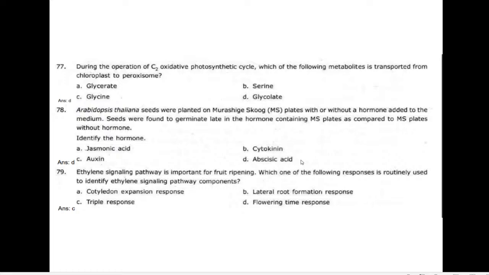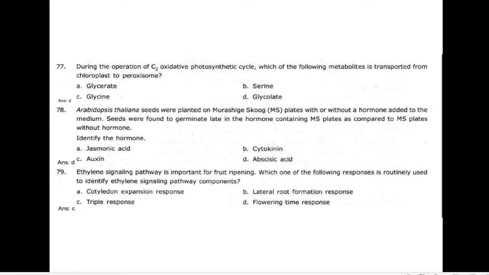Which hormone is delaying the seed germination? We all know abscisic acid, ABA, delays seed germination. It's a very basic concept, but they provided it as a tricky question. You might think, this is a big question, I don't know the concept, but this question is a very easy concept. Which hormone is helpful for high seed germination?